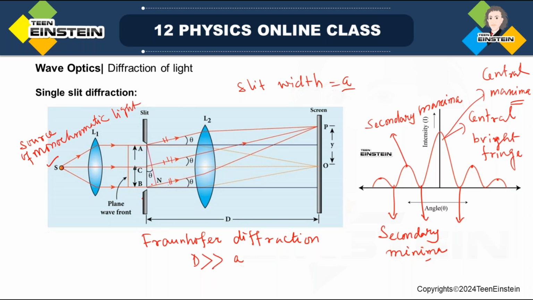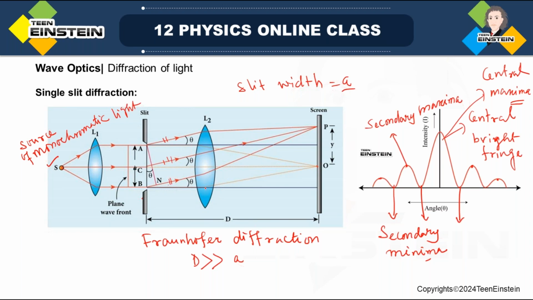Now look, these parallel rays, this point O is the central point of the screen. So when these secondary wavelets are going and meeting at the central point, they are all traveling the same path. That means there is no path difference at all.